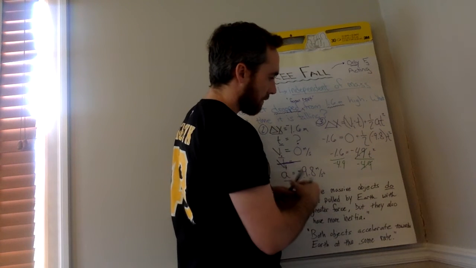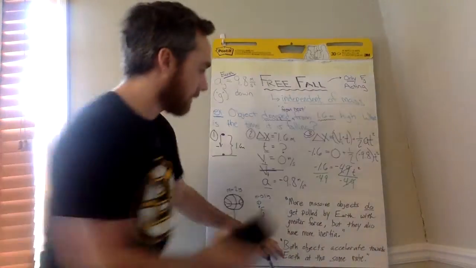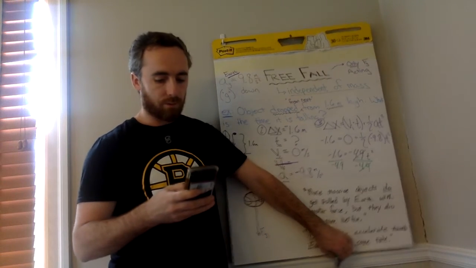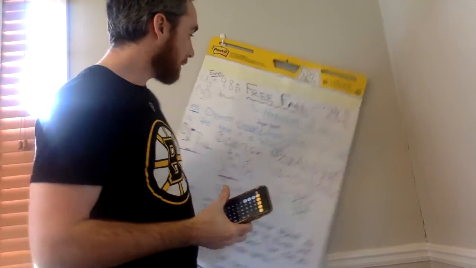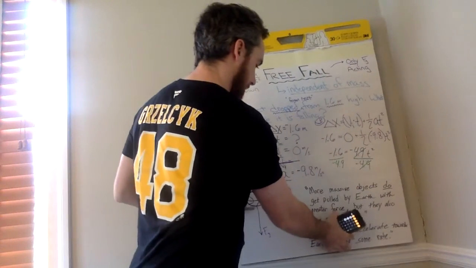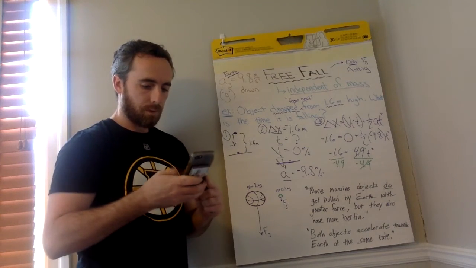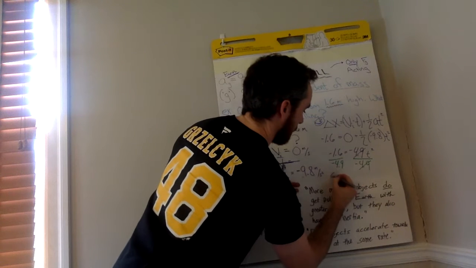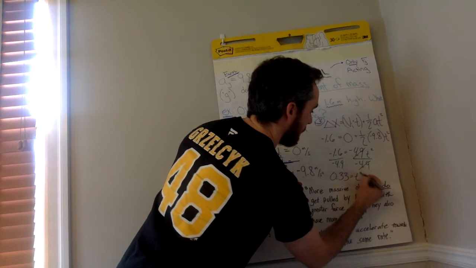And then, what's 1.6 divided by 4.9? It is 0.33. So 0.33 equals t squared. We're not done yet.